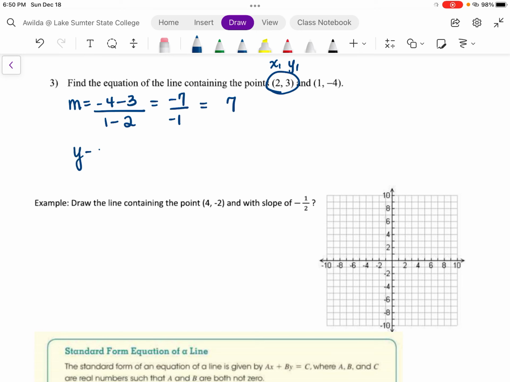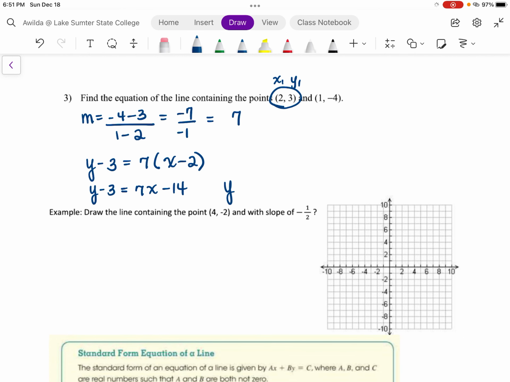So we have y minus 3 is equal to 7 times x minus 2. Let's clean up the right-hand side by distributing. And let's add 3 to both sides. So we get that y is equal to 7x minus 11.